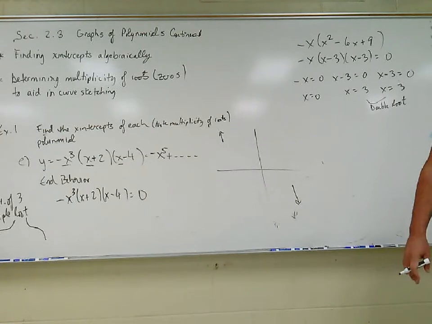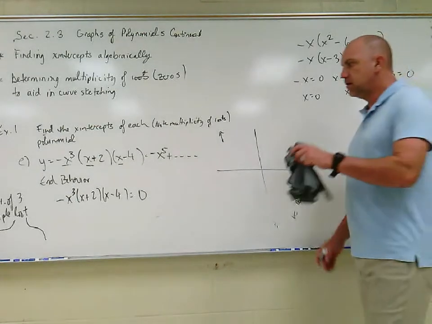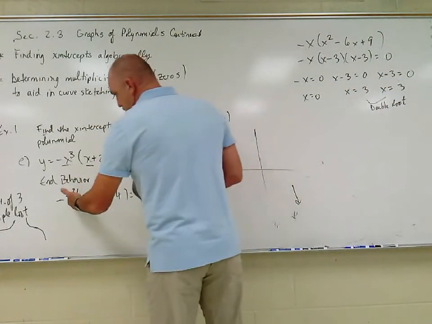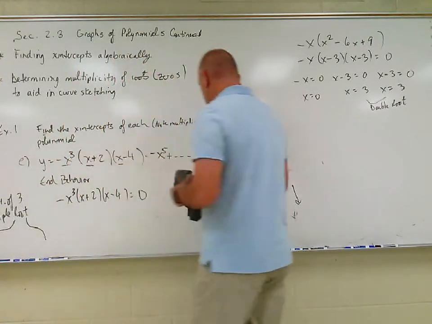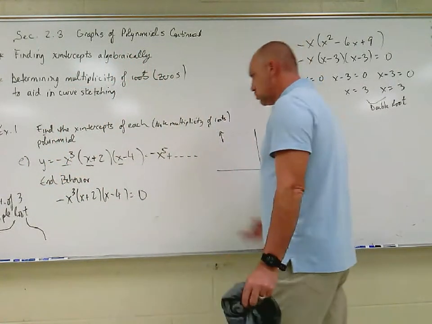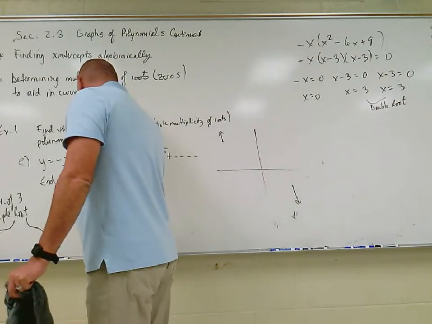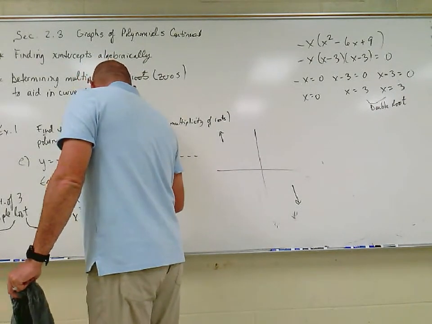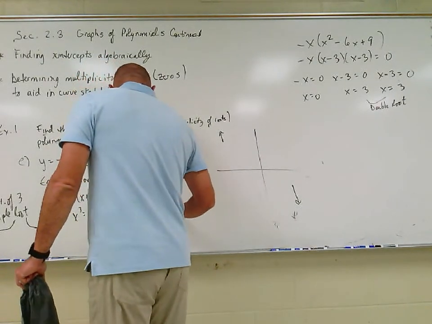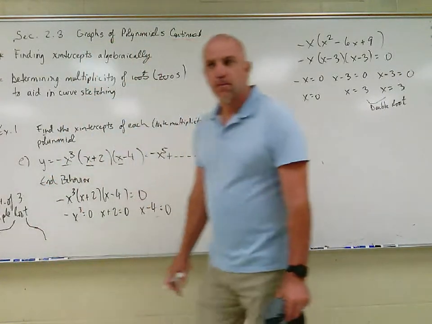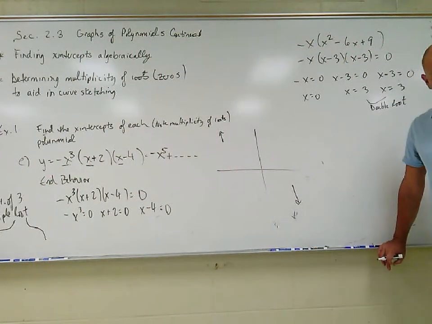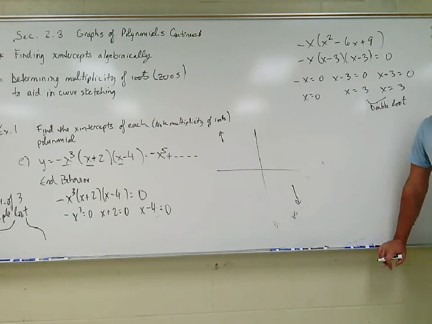Okay? Notice how the degree, what does an x cubed graph look like? It's going to have that squiggle to it. So it should take you 2 seconds. Set each factor equal to 0 and solve. And that should finish the lesson once we finish this.